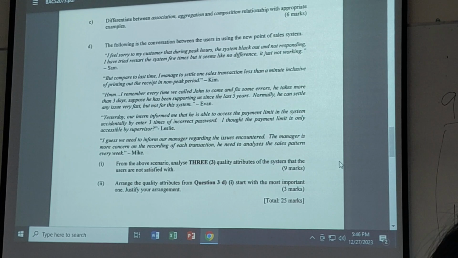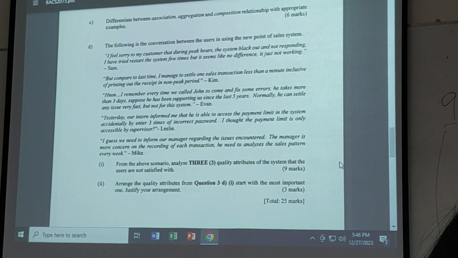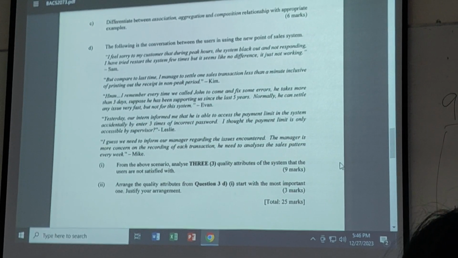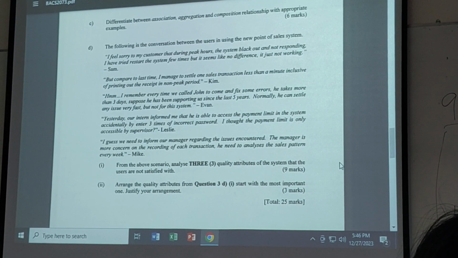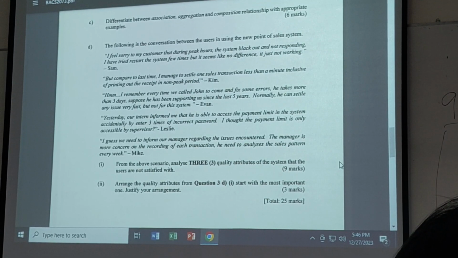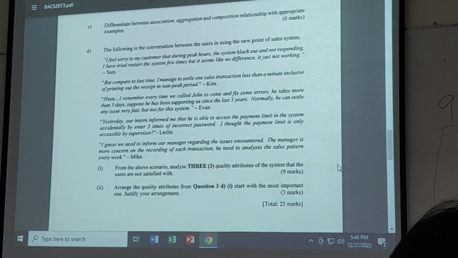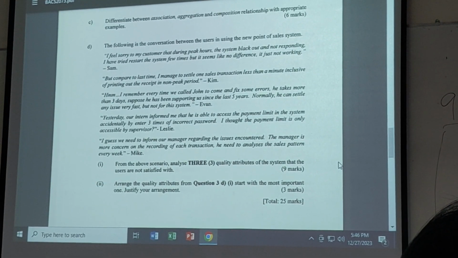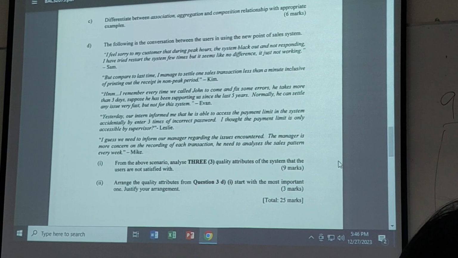Who is from Form 6? SDPN. So that means they go directly to year 1, right?